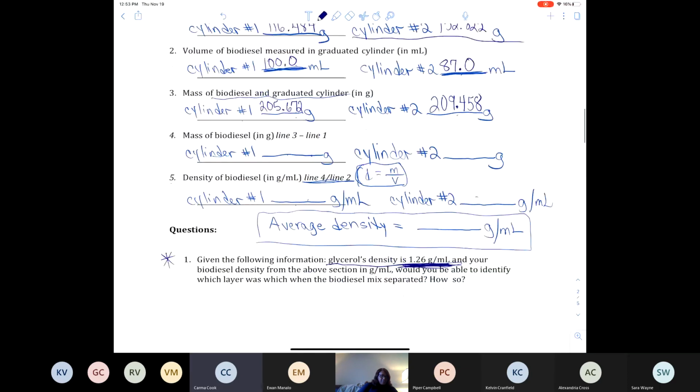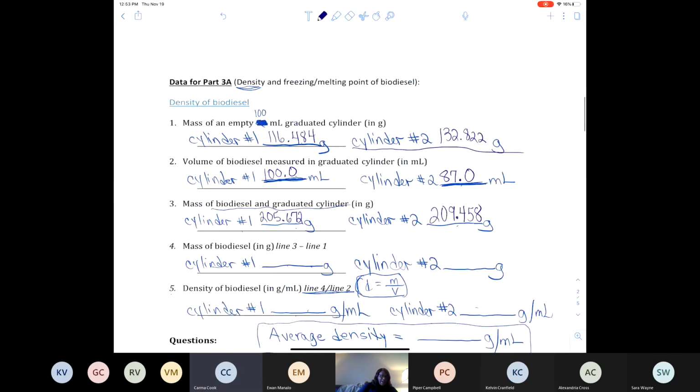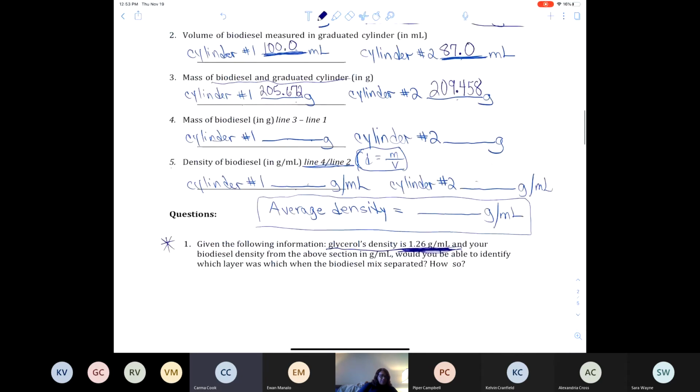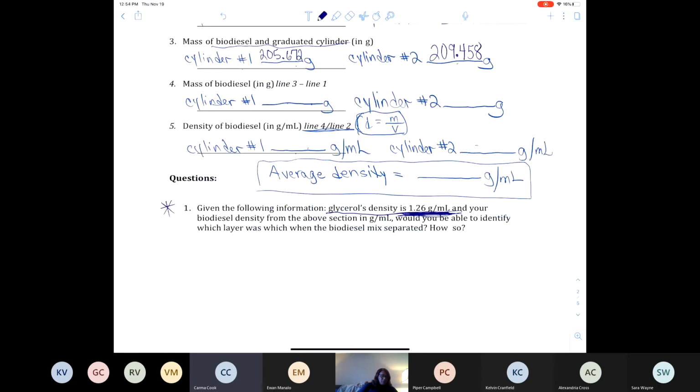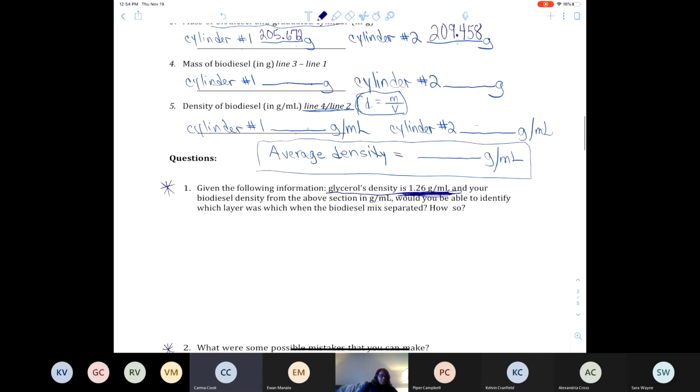And then to calculate your density, just take your mass of biodiesel in line 4, divide it by the volume of the biodiesel from line 2, and that will give you your density. And you calculate your density for both cylinder 1 and cylinder 2, and then add the two together, divide by 2 to get your average.